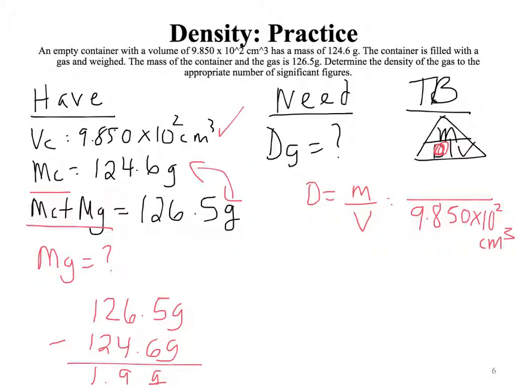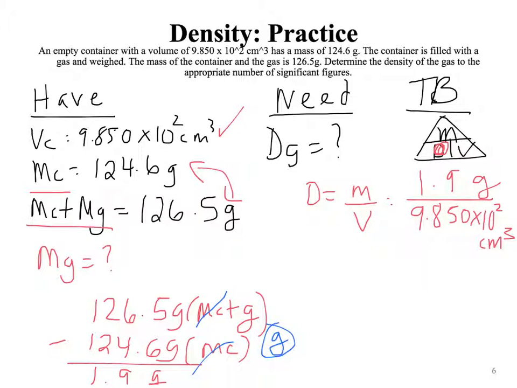This is the mass of the container plus the gas, and this is the mass of the container. If you want to understand it better, these will cancel and you're left with just the gas, so you know you did it right. So the mass of the gas is 1.9 grams.